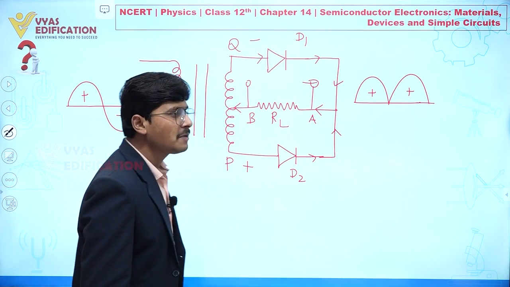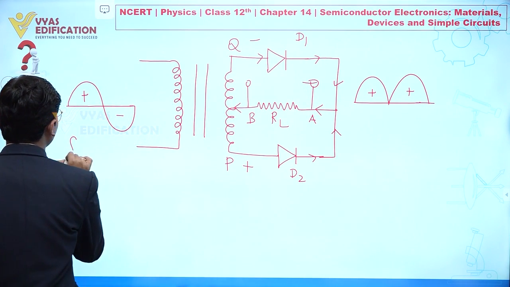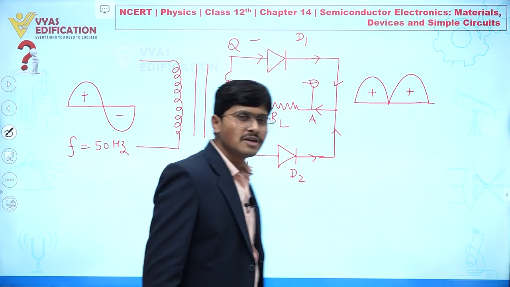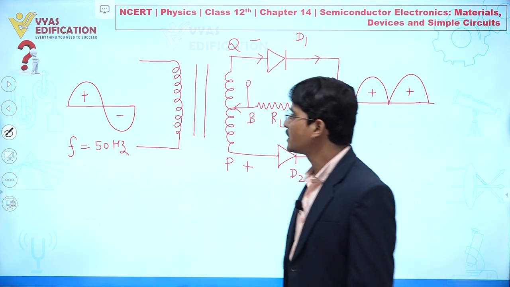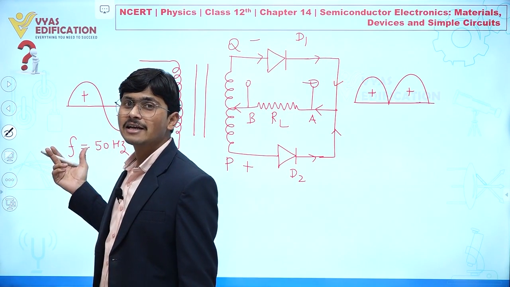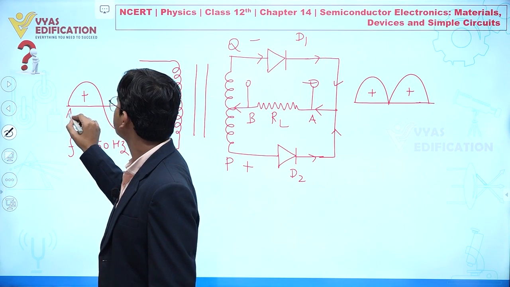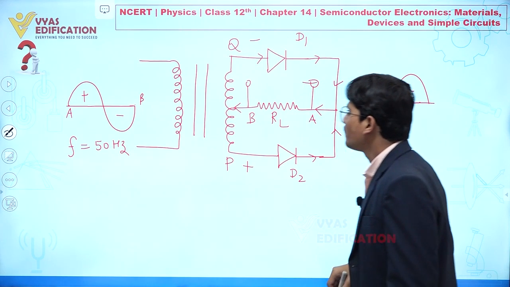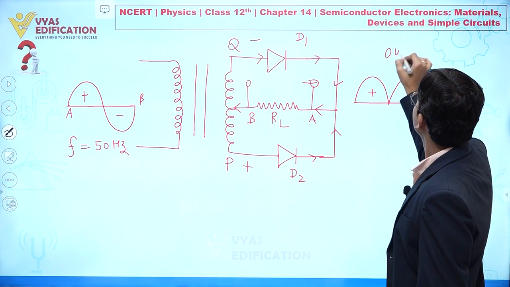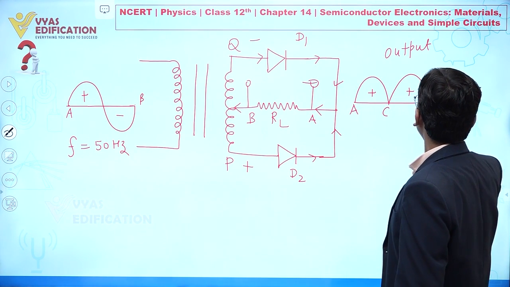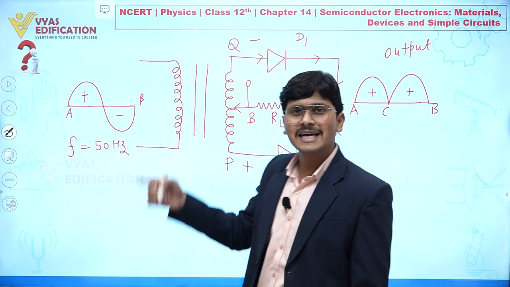Clear to everyone? If initially the frequency I am taking is 50 Hertz, frequency is the number of cycles completed in 1 second. On this input side, every cycle repeats after points A and B. But in the output form, the cycle repeats from A, C and B. So from A to C and again the cycle is repeating.